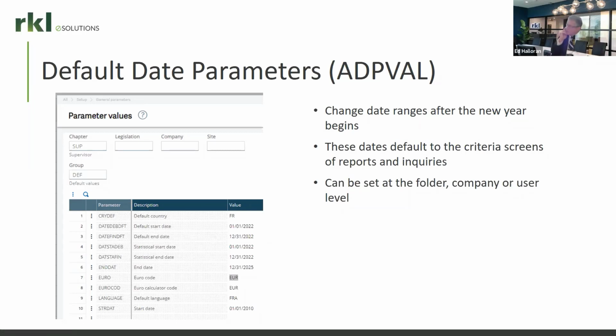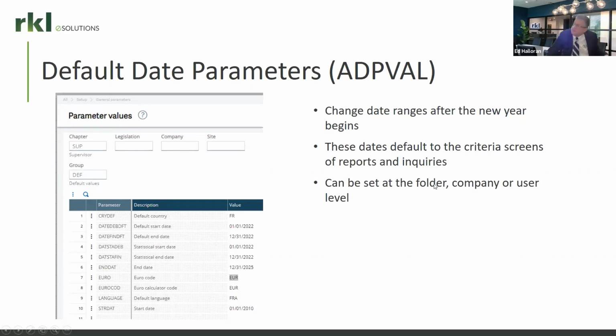So you want to update those to 1/1/22 and 12/31/22. The statistical end dates, I think those get used with the queries, so you can update those also. I don't think you have to worry about anything else here. So it's really lines 2 and 3.